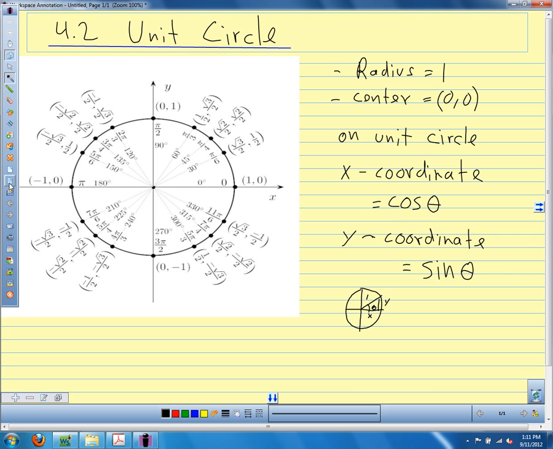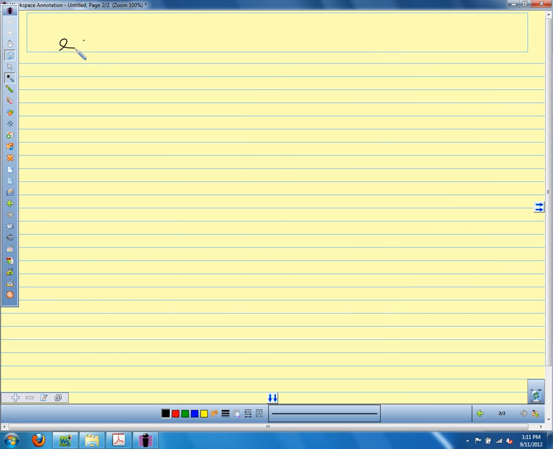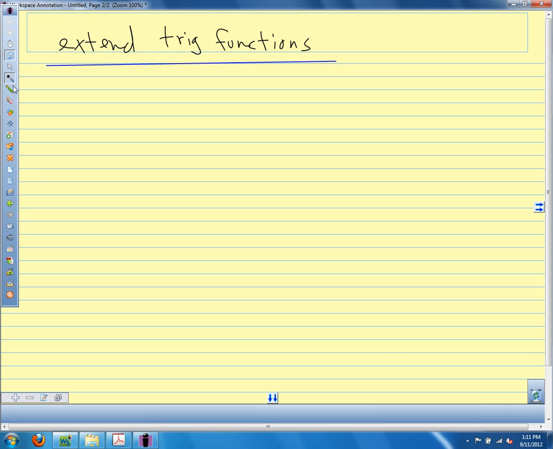We're going to extend the trig functions, because so far we've been talking about sines and cosines of angles, and it has to do with triangles. But what the unit circle lets us do is extend that definition, and it's kind of a cool idea. So here's my circle.